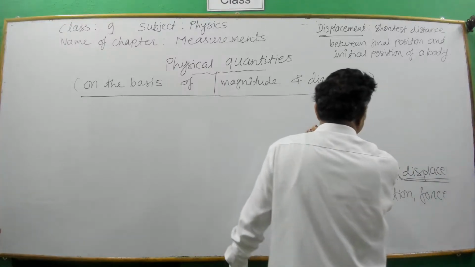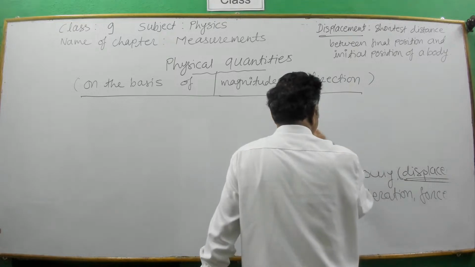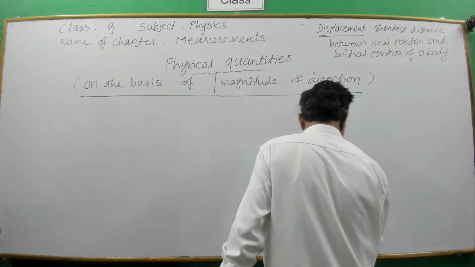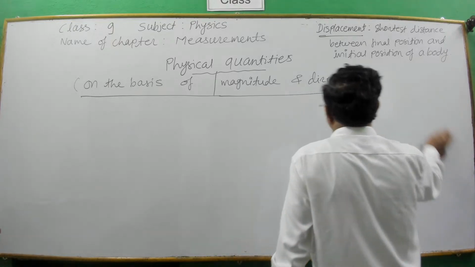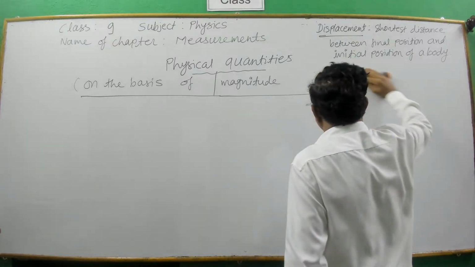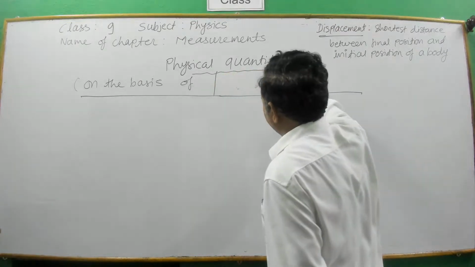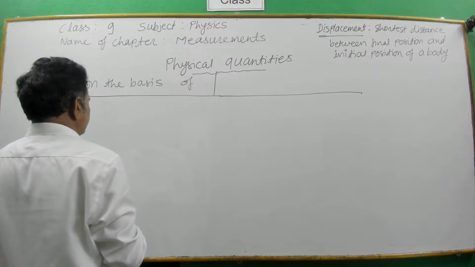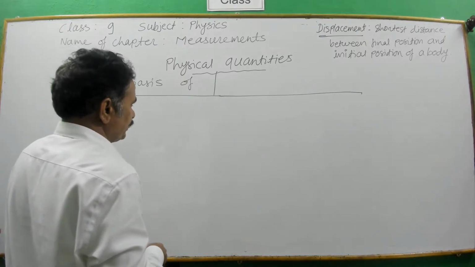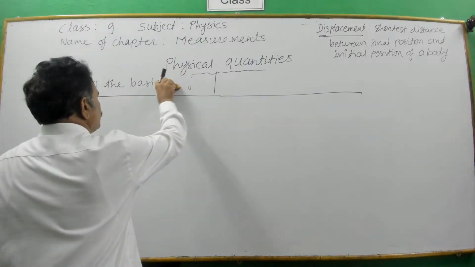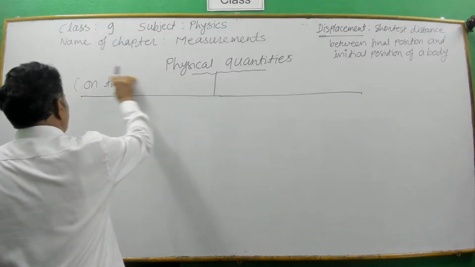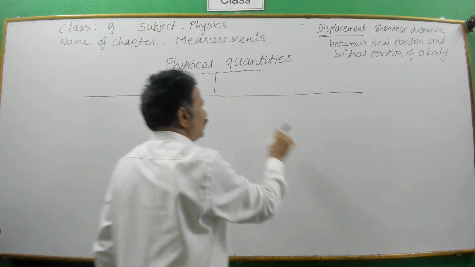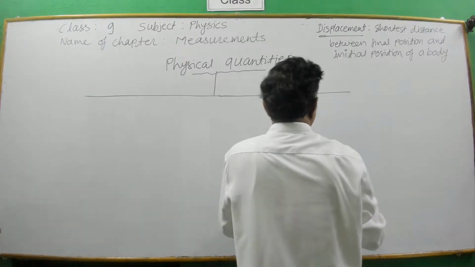Means whether other physical quantities are involved in obtaining or expressing that physical quantity or not. On the basis of that, physical quantities are divided into two different types, on the basis of whether they depend on other physical quantities or not.